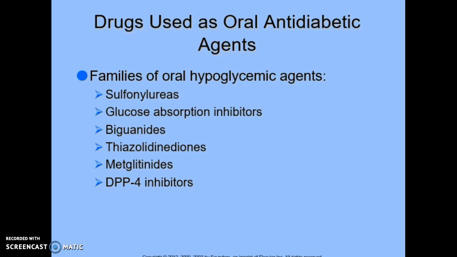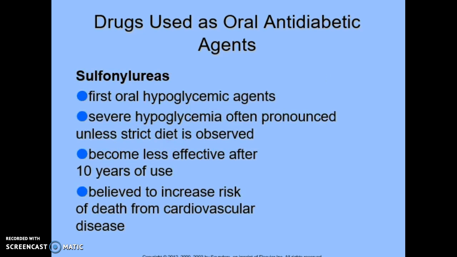So drugs used as oral anti-diabetic agents, families of oral hypoglycemic agents. We have a list here. So it's important to note that sulfonylureas should only be used if they've tried a change in diet and exercise and that hasn't been effective in controlling the elevated blood sugar levels.